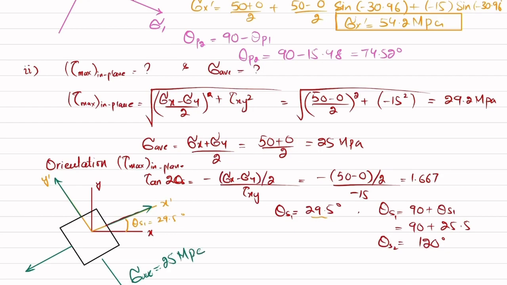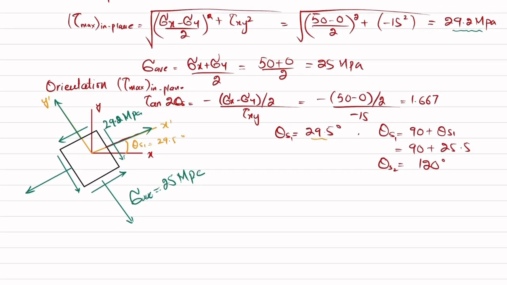And your shear stress, the maximum in-plane shear stress at 29.5, will be like this. This will be your maximum in-plane shear stress, which is 29.2 megapascal. Okay, so this is the orientation of this element.